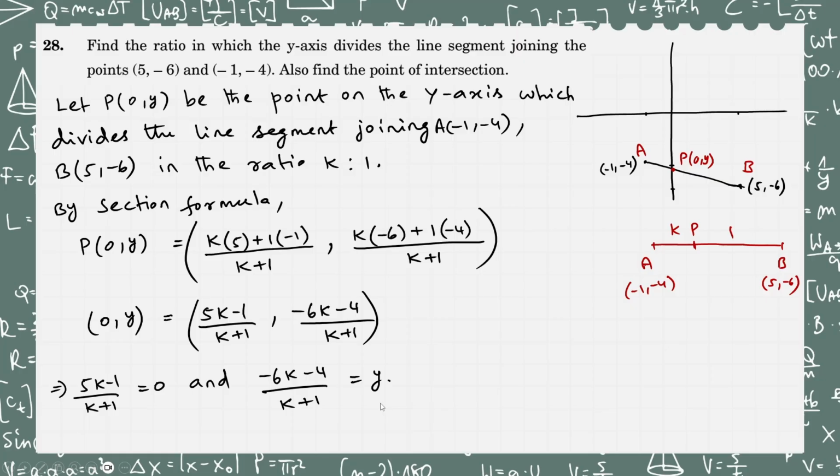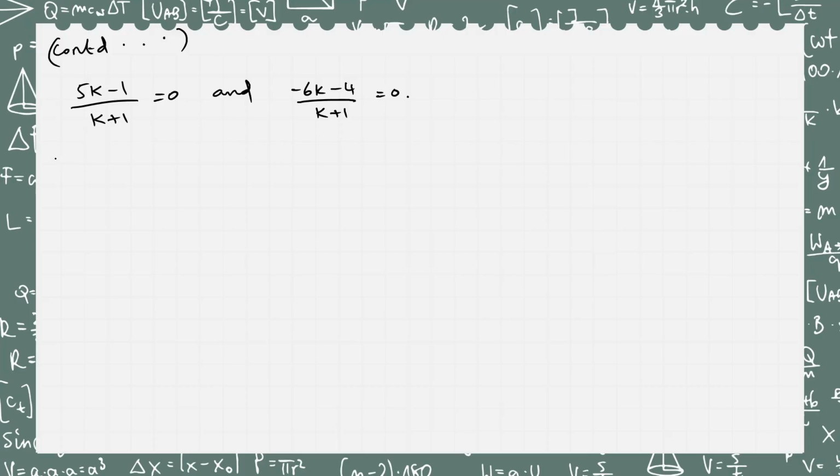Now we are going to find k using the first equation, where we have equated that to 0, and that k we are going to use in the second equation to find the value of y. Taking these two, let us continue further. 5k - 1 equals 0 into (k + 1), which is also 0. That gives us 5k equal to 1. So k equals 1/5.